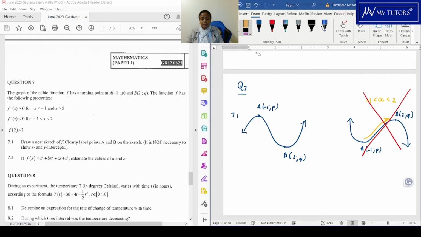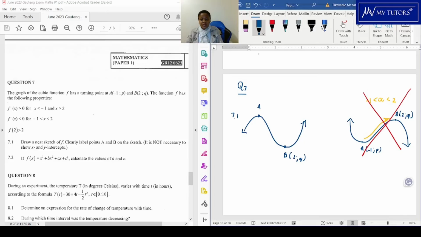Now, it says where x is 2, f is bigger than 2. So I know they said we don't have to show the x and y axes, but let's for interest's sake just indicate it. Okay, let me just rub out this.